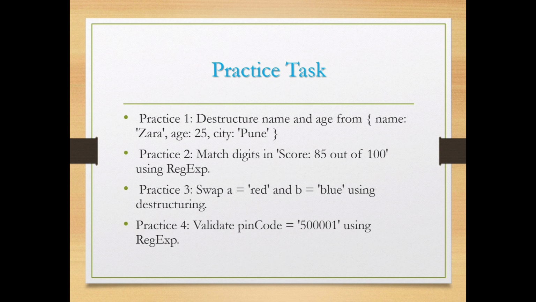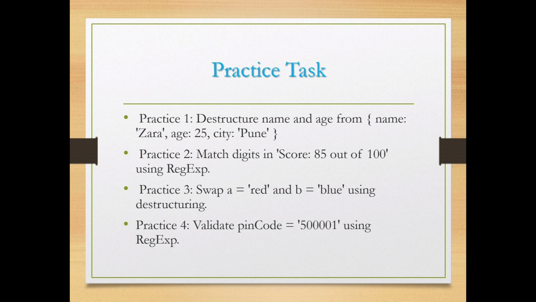Next practice, you can take digits and match them, like I am taking a score of 85 out of 100. Using regular expression you can match it using dot match of.